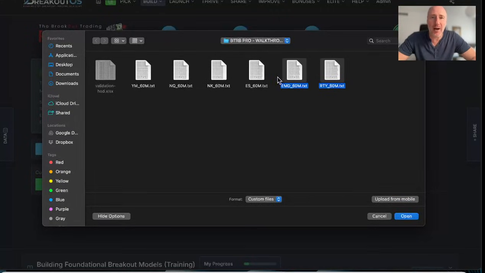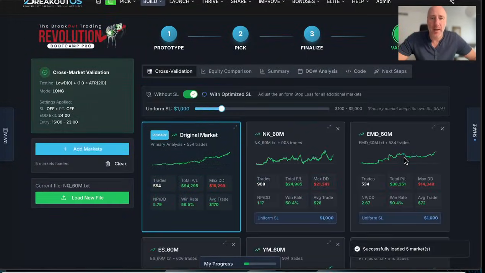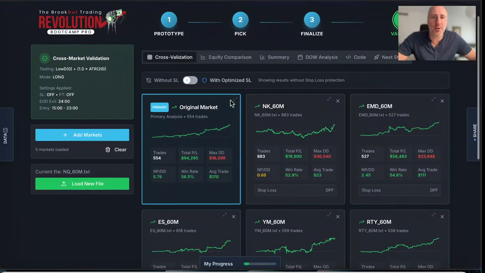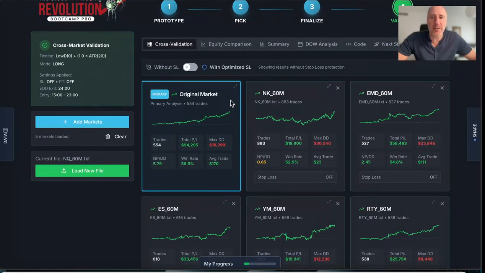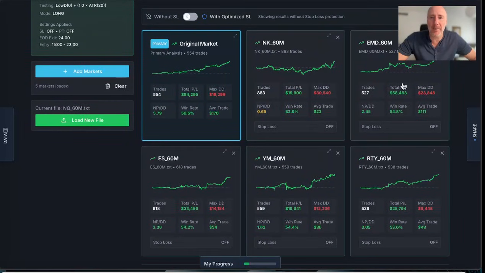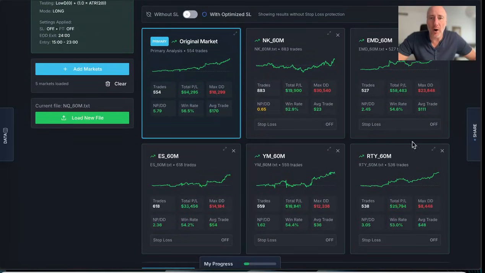So what I do now, I pick all these other 5 markets, I load them up. Now I switch off stop loss because we did not deploy stop loss on the initial strategy either. And now Breakout OS will automatically, immediately cross-validate the model on all the other markets.